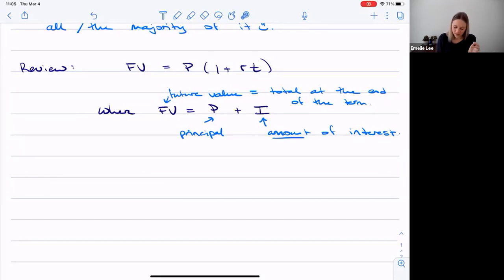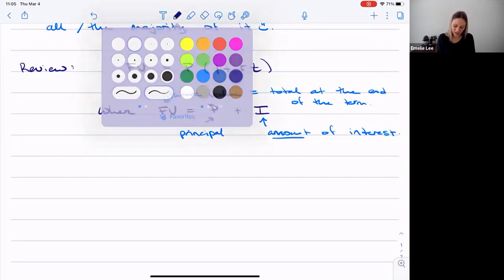Then later we're going to solve for what rate would make this happen, and how long it would need to sit there for all these conditions to come true.